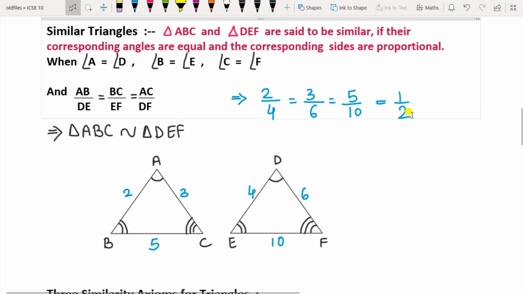That is K, and therefore triangle ABC is similar to, this is the symbol for similar, a sleeping S you have to draw, triangle DEF. So these are called similar triangles: angles should be equal and sides should be proportional.